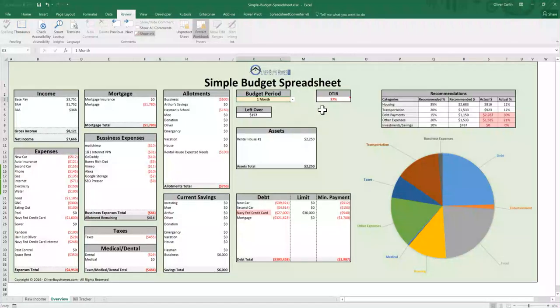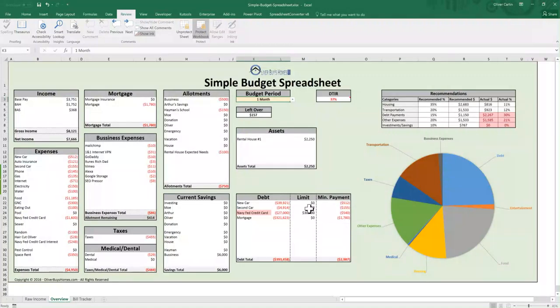Let's see. Assets, we covered assets. And then your debt. Your debt is a little bit tricky here. So you can see I have my new car, second car, credit card, and mortgage. It says how much I owe, and then it has the limit, and then it has the minimum payment.